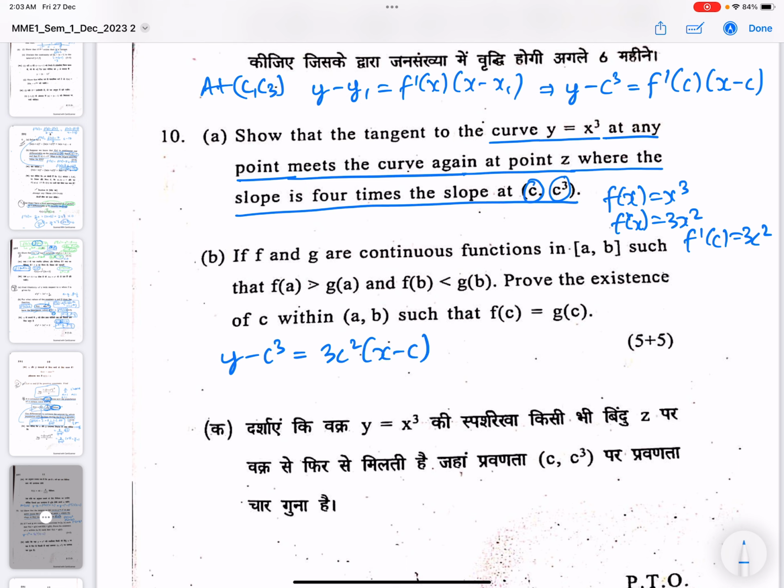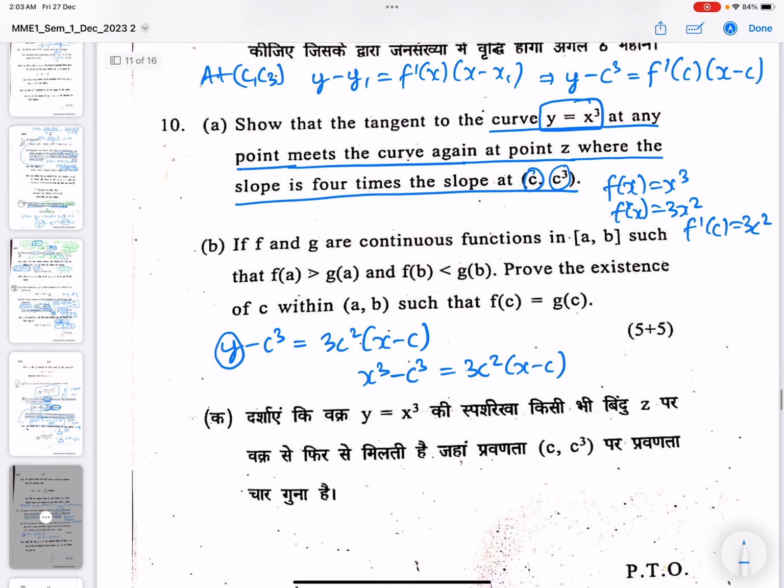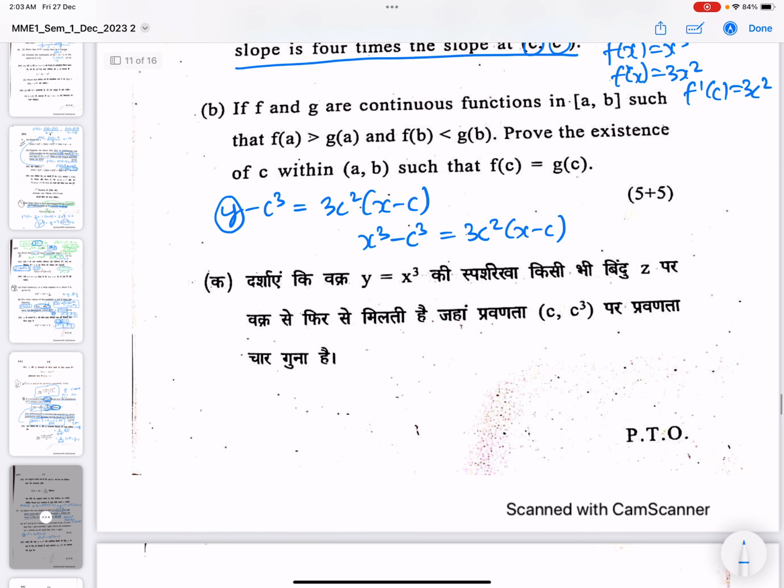Now y is given as x cube, so we have x cube minus c cube equals 3c square into x minus c. Solving this further, this can be written as x minus c into x square plus c square plus cx, minus 3c square into x minus c, equals 0.